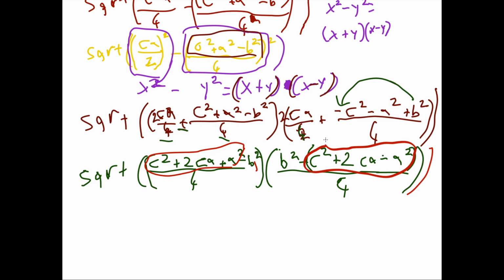I can see that this thing here is going to be the same thing as C minus A, and then put brackets around that, squared. And I can see that this here is going to be equal to C plus A squared. Okay, so now we can simplify it too.